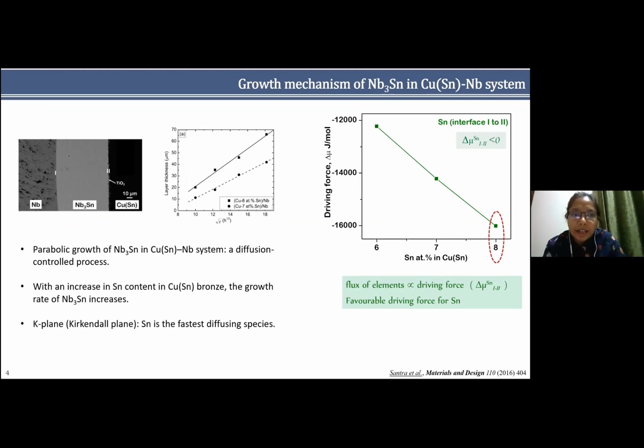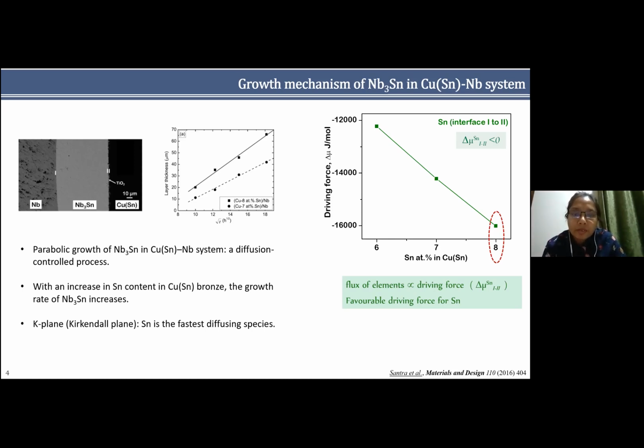Firstly, it has parabolic growth, which means when you plot the layer thickness of Nb3Sn versus the annealing time, it follows a straight line. So it shows that the formation of Nb3Sn is a diffusion-controlled process, limited by the diffusion process and not by the reaction. Tin can easily react with niobium, but it gets limited because of the diffusion process.